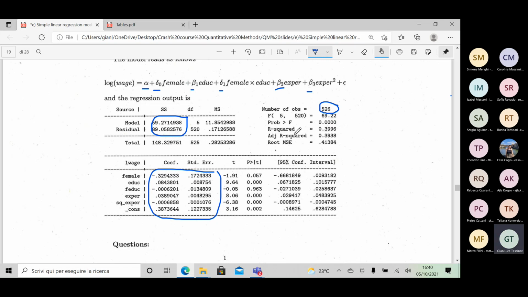We do not discuss the adjusted R-square because it's something that will be explained by the next professor. However, what is the R-square, guys? The R-square is the ratio between the explained sum of squares, which is this number, and the total sum of squares.